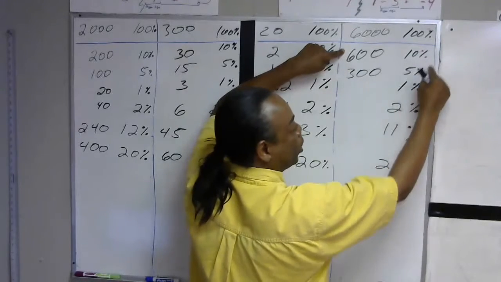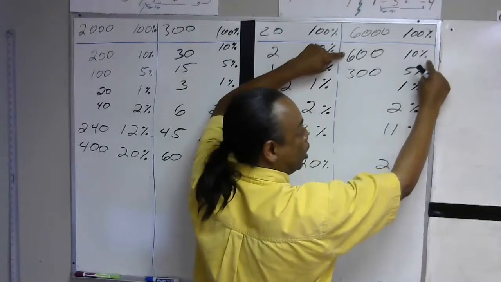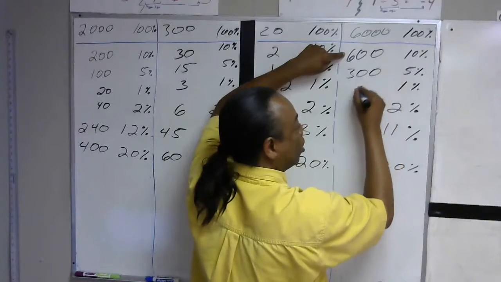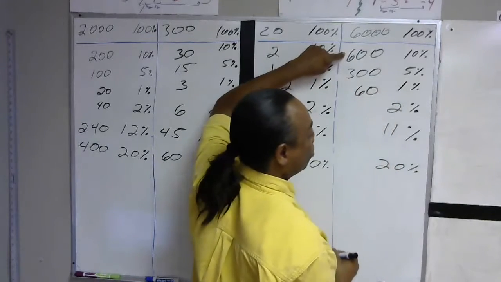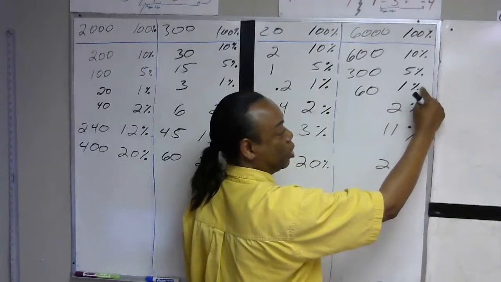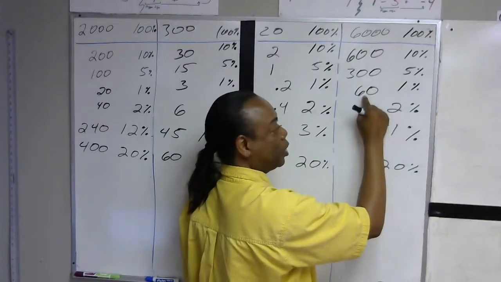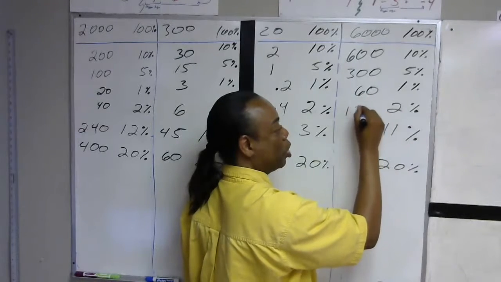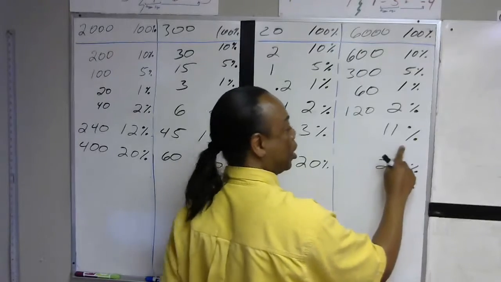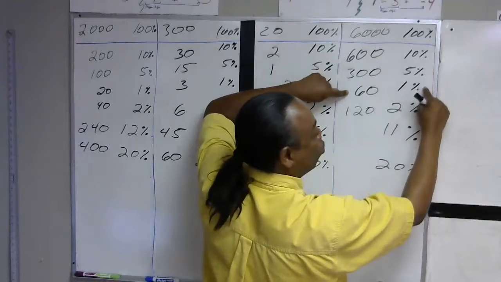For 1%, let's go back to 10%. 10% divided by 10 is 1%. So 600 divided by 10 is 60. 1% times 2 is 2%. 60 times 2 is 120. 11% can come from 10% plus 1%.